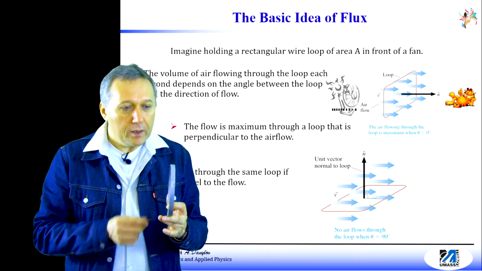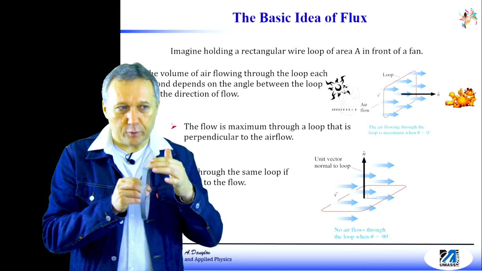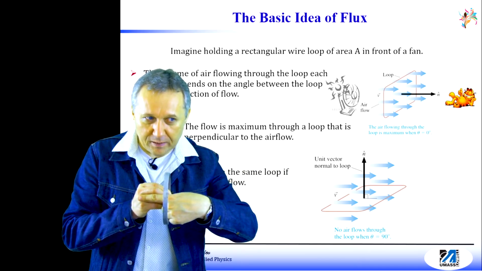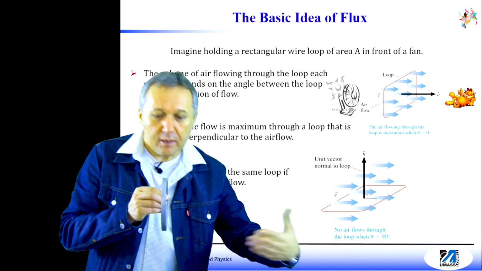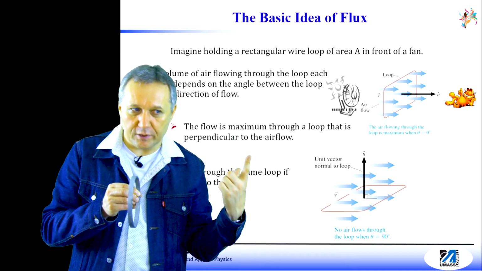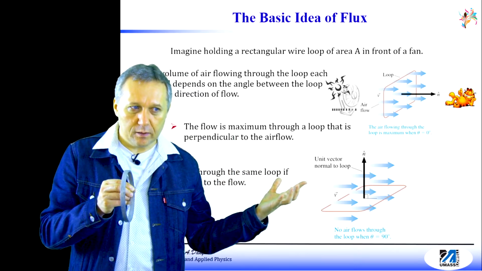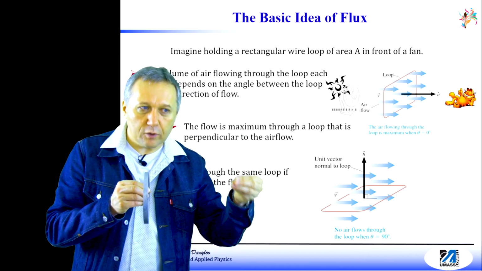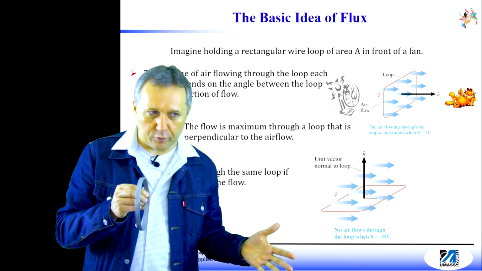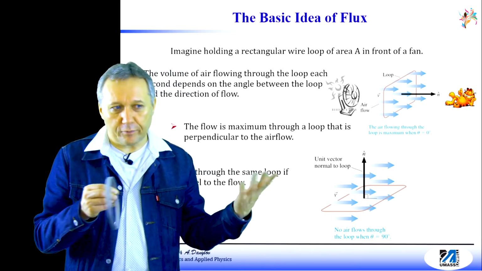Of course, first of all, the amount of air crossing the surface depends on how fast these molecules fly. The faster they fly, the larger the amount of air crossing this surface per second. If the molecules just don't move, velocity is 0, then none of them will be able to cross this surface, and the amount of air will be 0.